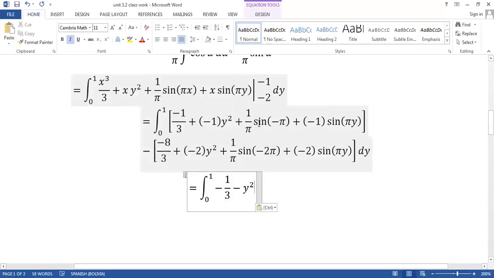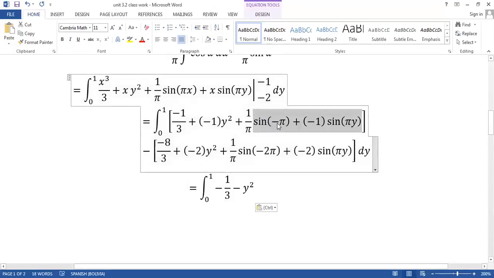Plus. Okay, what is happening here? What is sine of negative pi? Remember, your sine is opposite, is your y value. So at negative pi, which is 180 degrees, sine is 0. So this term goes away.